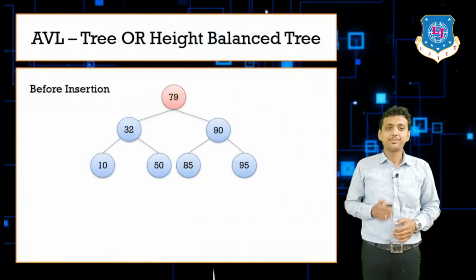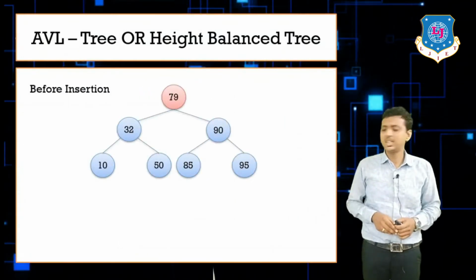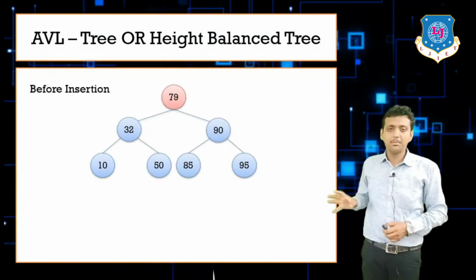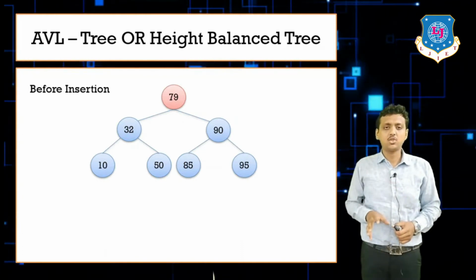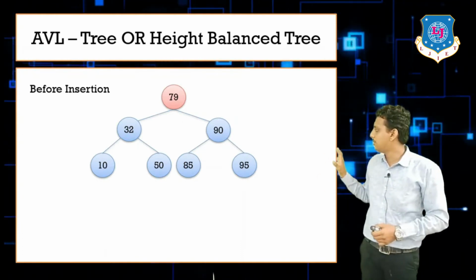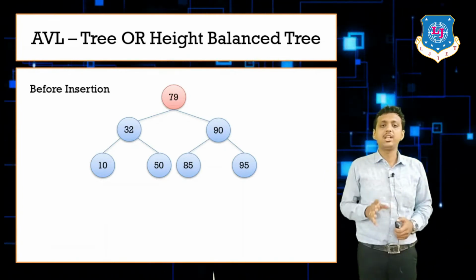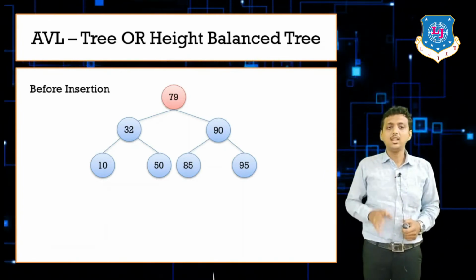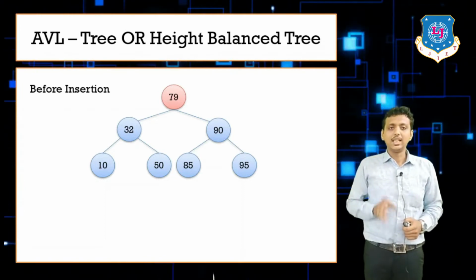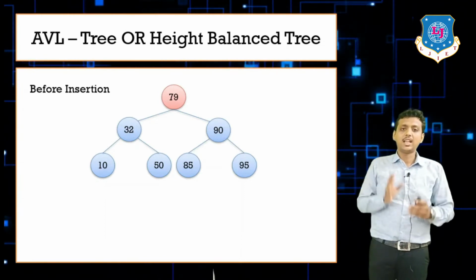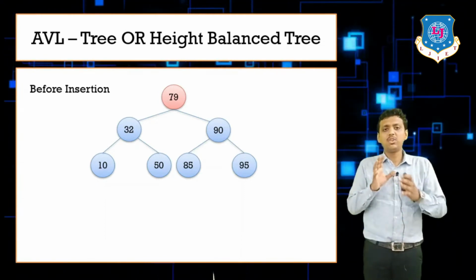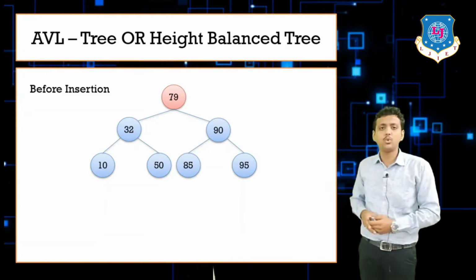The next is before insertion. Here I am showing you one example of a binary search tree. This is our main figure of a tree where we have 79, 32, 10, 50, 90, then 85 and 95. So we have our binary search tree over here.